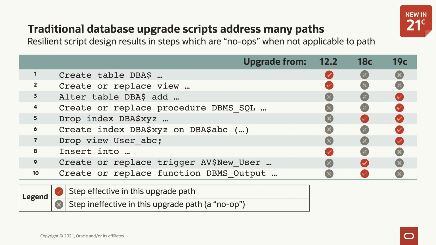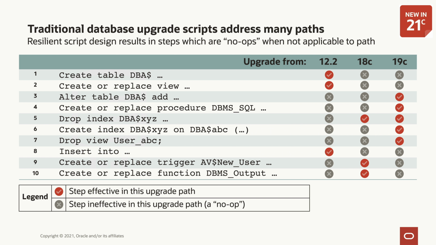The individual upgrade steps here are just for illustrative purposes. For example, step 1, create table DBA $something or other, was introduced in upgrades from 12.2. So that needs a check mark in the 12.2 column. However, it was already present in 18C, so upgrades from 18C and 19C do not require this step.